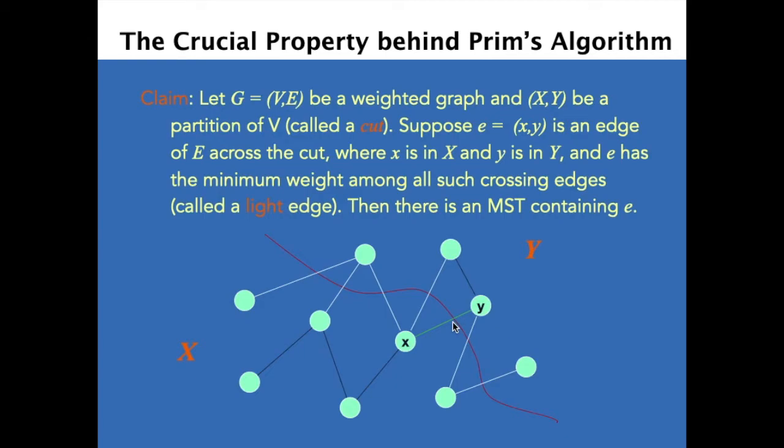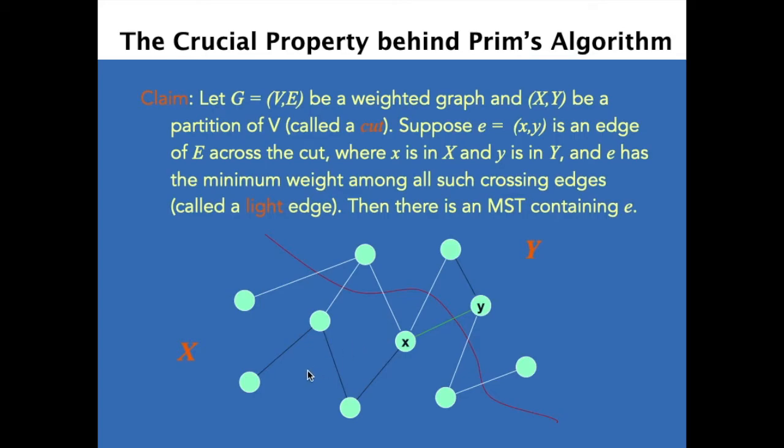So, this claim or this property is actually true at every iteration of Prim's algorithm, because you can imagine that this is the set of not yet selected vertices, and this is the part of selected vertices.